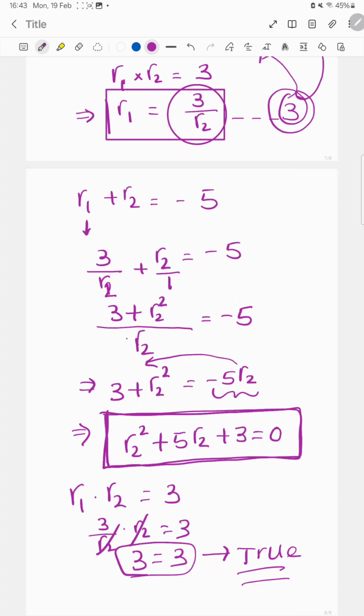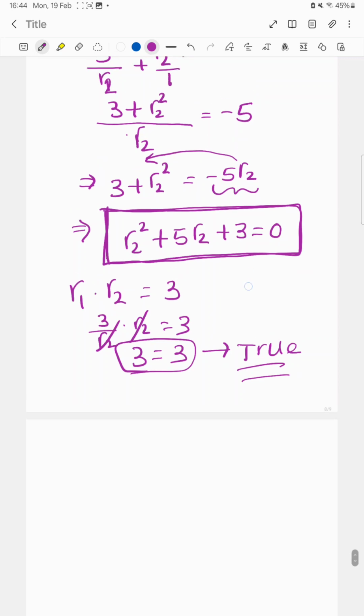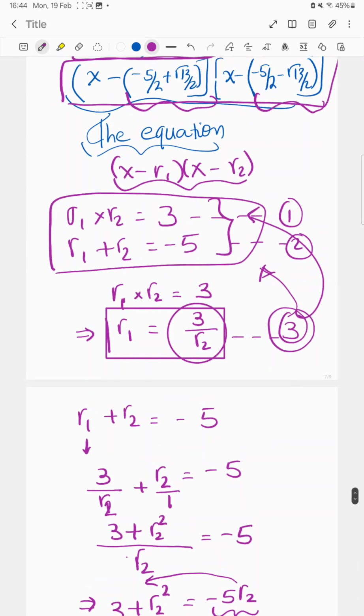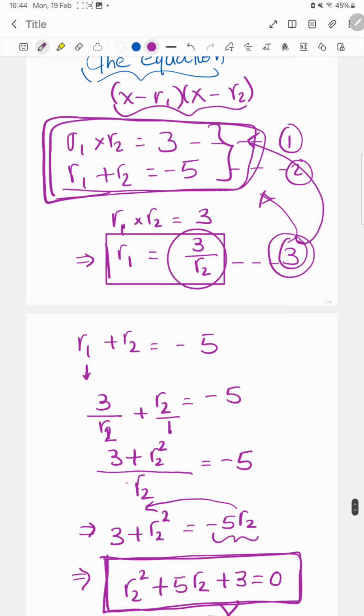What are the characters of these two roots? Their product, r1 times r2, is 3, and r1 plus r2 is minus 5. For this equation itself, the characters of the roots are going to be our original condition here.